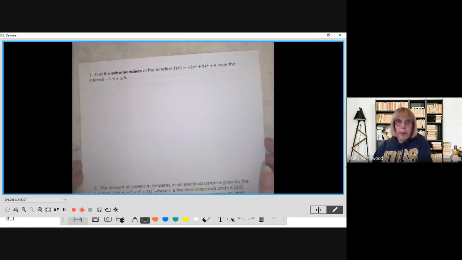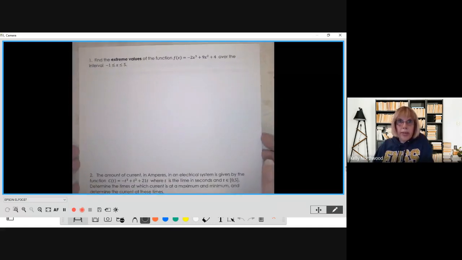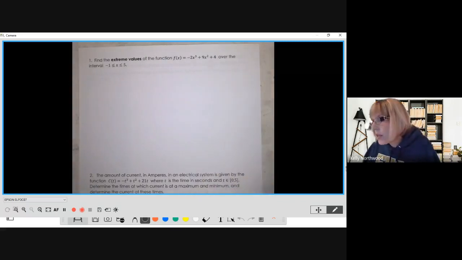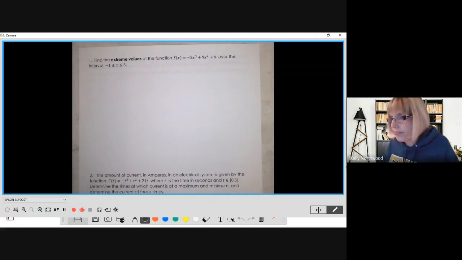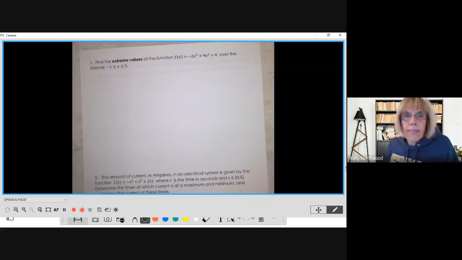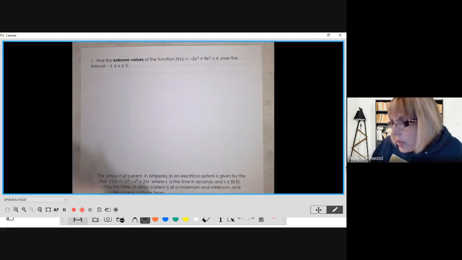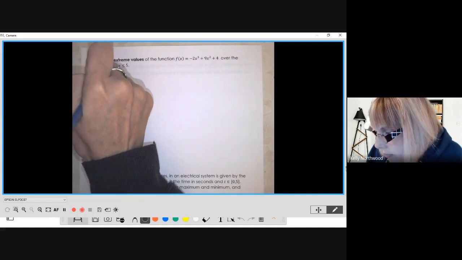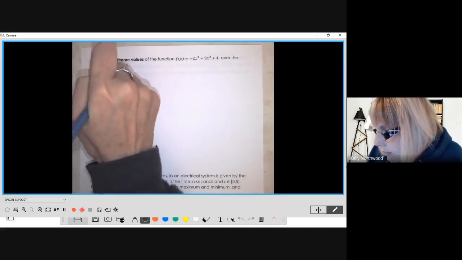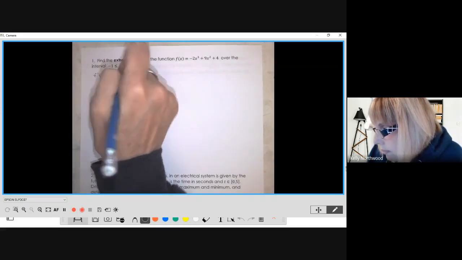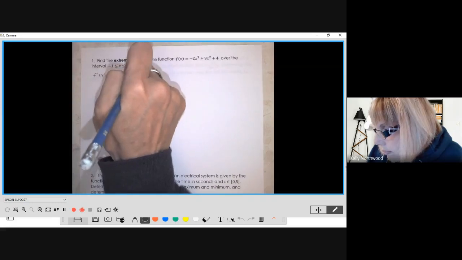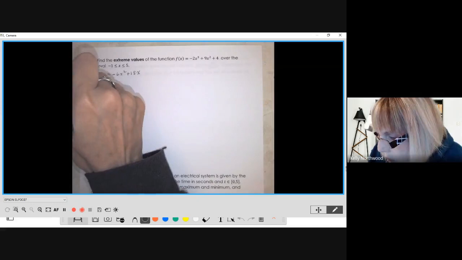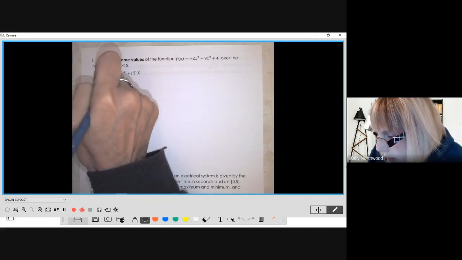So here's an example. Find the extreme values of this function over the closed interval -1 to 5. First thing I would do is find f prime at x, and put it into factored form if I can.